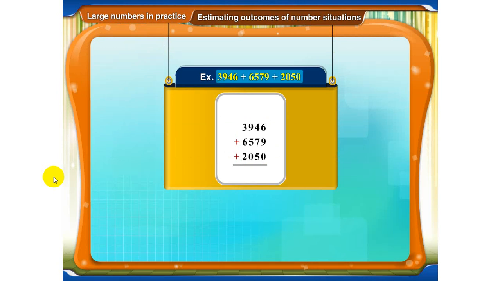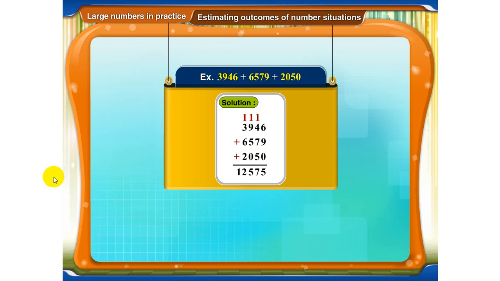For example, 3,946 plus 6,579 plus 2,050 is written as follows. We add the column of ones and, if necessary, carry forward the appropriate number to the tens place, as would be in this case. We then add the tens column, and this goes on. Complete the rest of the sum yourself.